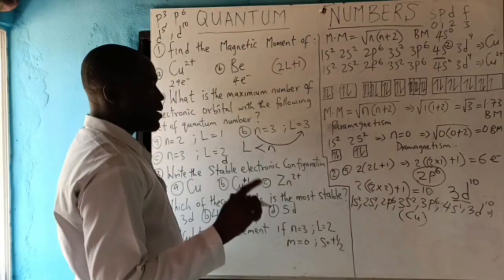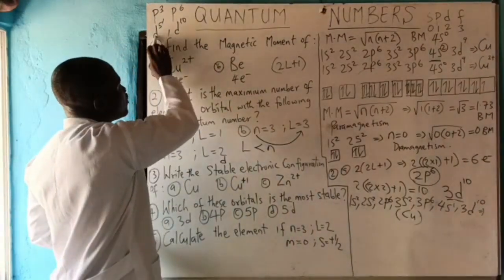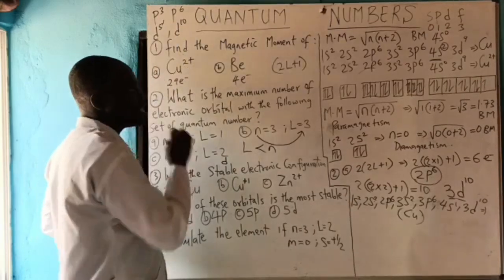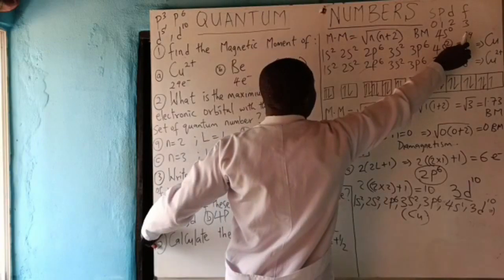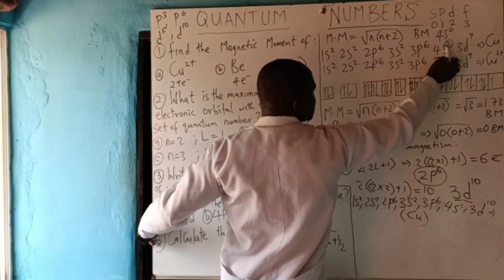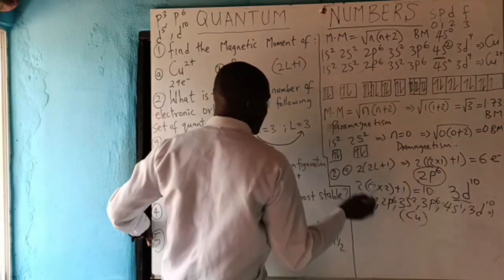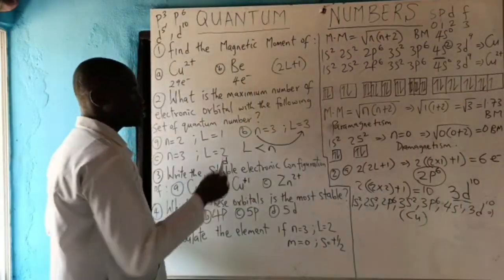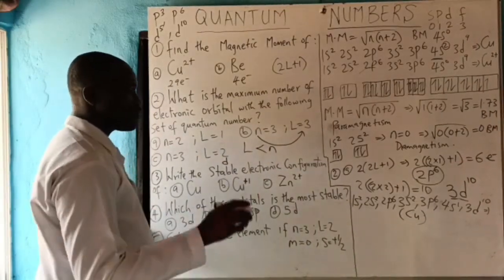Remember we said it must obey the rule that either it is half-filled or fully filled for the p and d orbital part of it. So because the d ends at 9, one electron will move from this 4s2 and enter here to become 3d10. This is the stable electron configuration of copper.